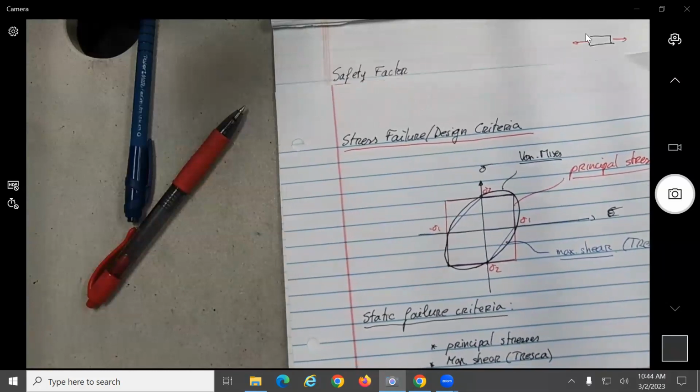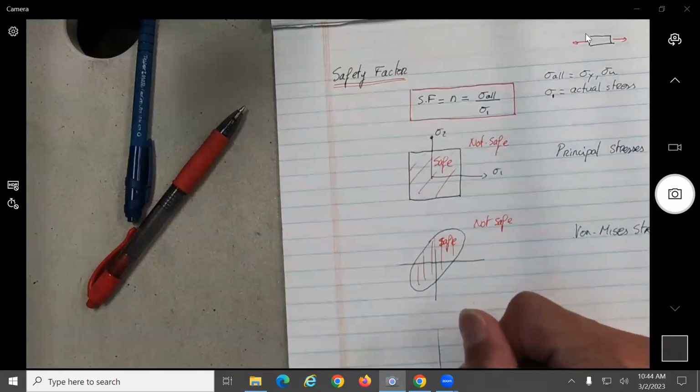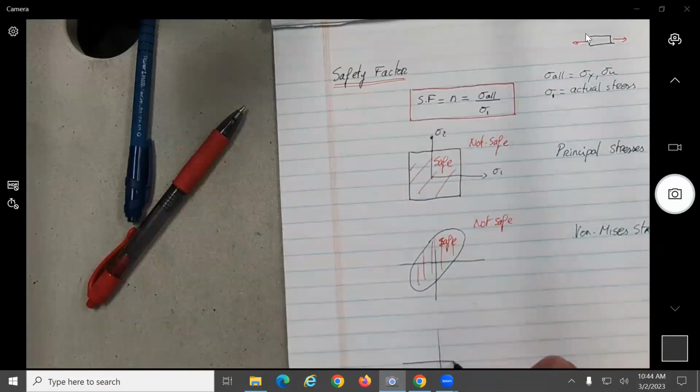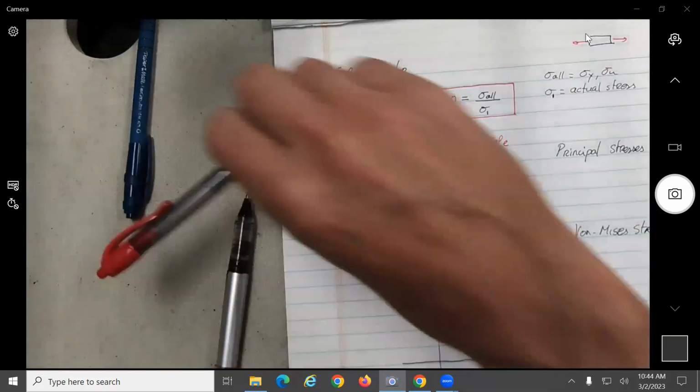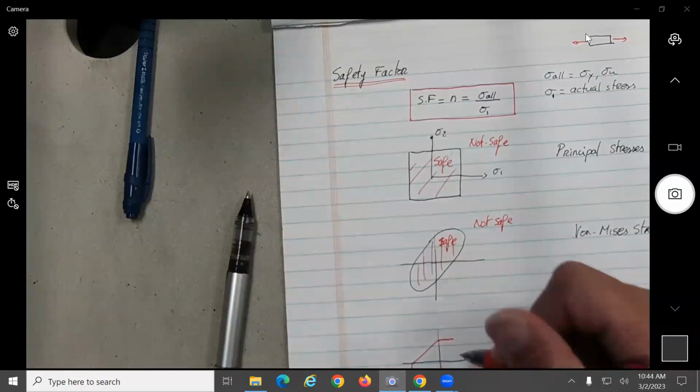For the Tresca criteria, that one is the more difficult to sketch. I'm not able to do it, so let's see. Here we have a straight line, this way, this way.